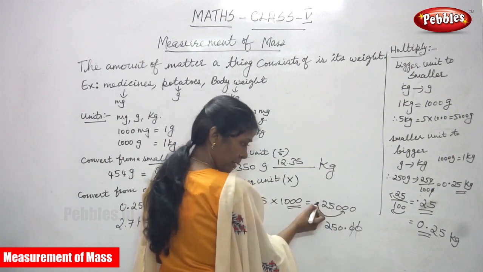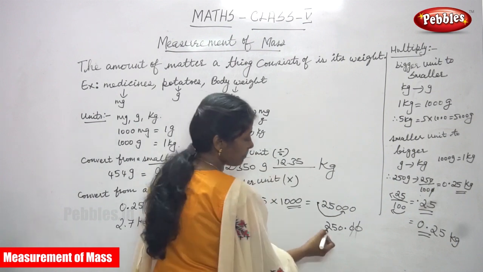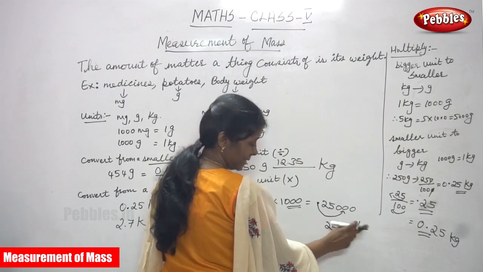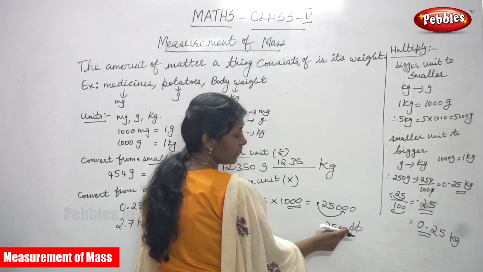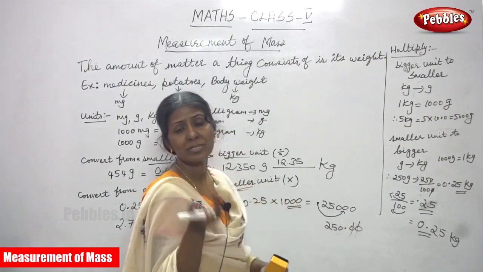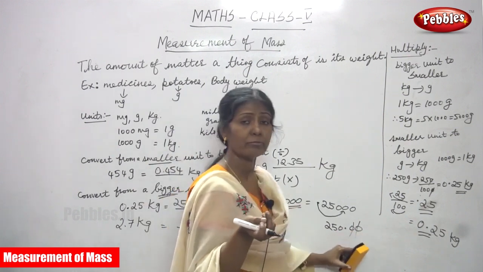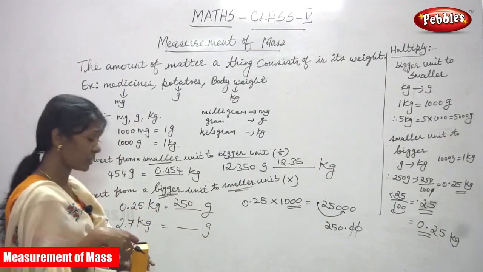So move this decimal point 3 places to the right. That means 1, 2, 3. After that you must put a point. Then 250.00 will come. After the point, the zeros have no value, so just cancel the zeros. The answer is 250 gram. This is the right answer for the question.